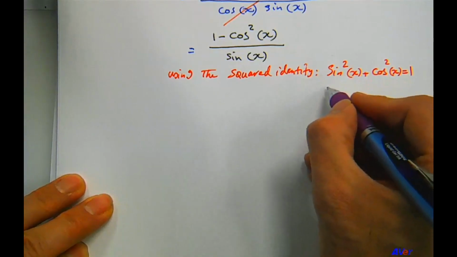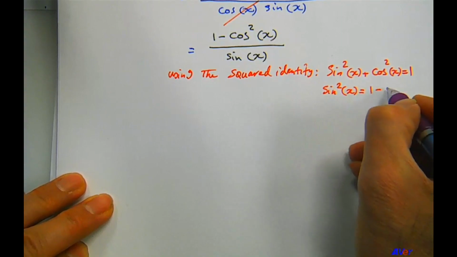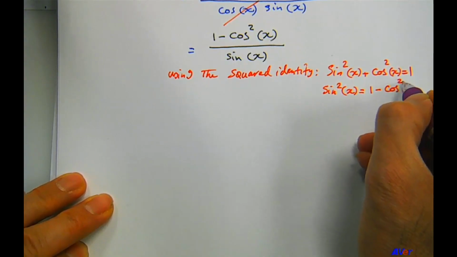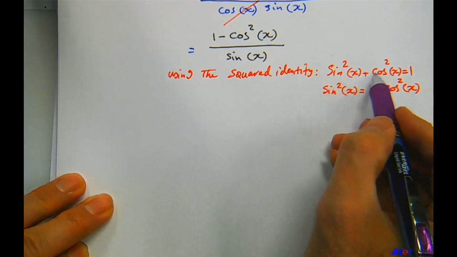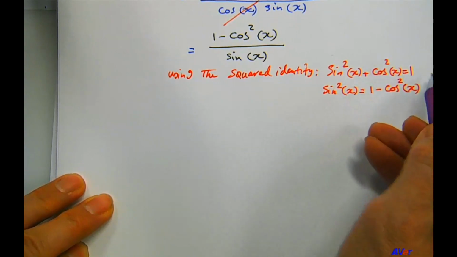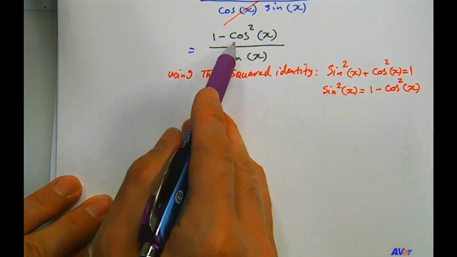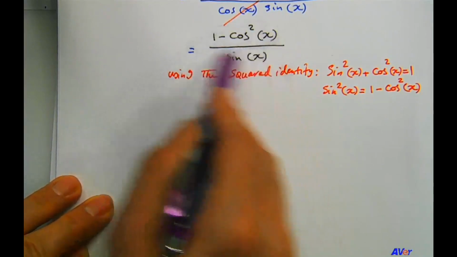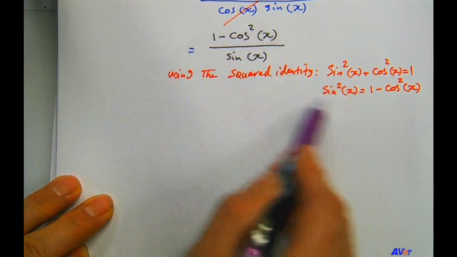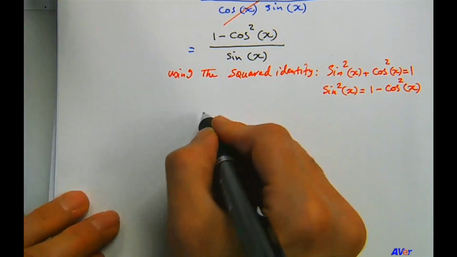So sine squared of x is equal to 1 minus cosine squared x, right? I just moved cosine squared x to the other side. So we can substitute in the above expression for 1 minus cosine squared x with sine squared x, right? Okay, so let's do that.